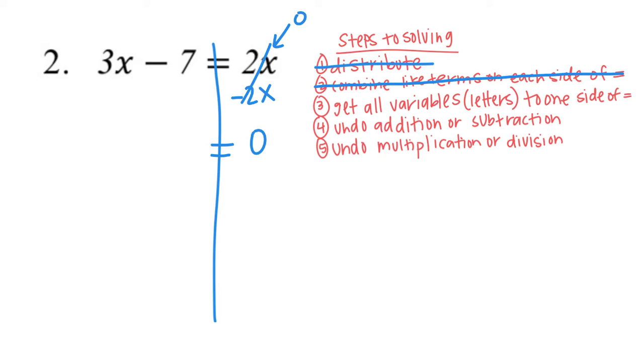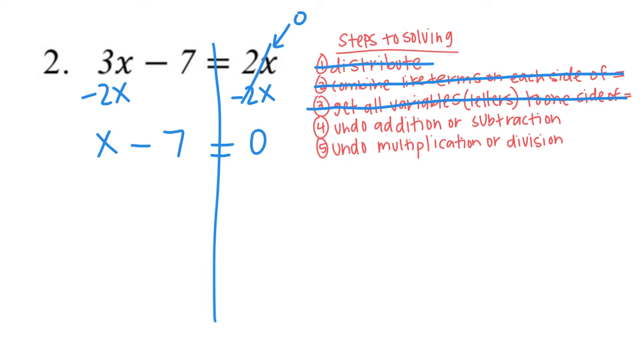And I'm going to do it to the other side of the equals to be fair. And remember, I want to put it underneath what it can go with. The 2x can go with the 3x, so I'm going to put it underneath the 3x. All right, 3x minus 2x would leave me with a 1x, or just x. I don't even need to write the 1. And let's bring down that minus 7. So now I have all my letters to one side. I'm done with step 3.